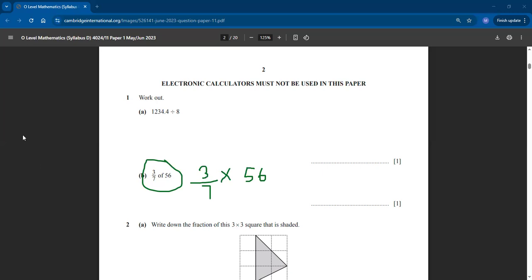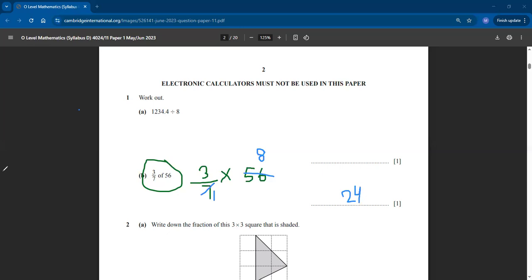So let's break it down very simply. 56 divided by 7 is 8. You should know this mentally. And then simply do 8 multiplied by 3. That's 24. So the answer to this is going to be 24.